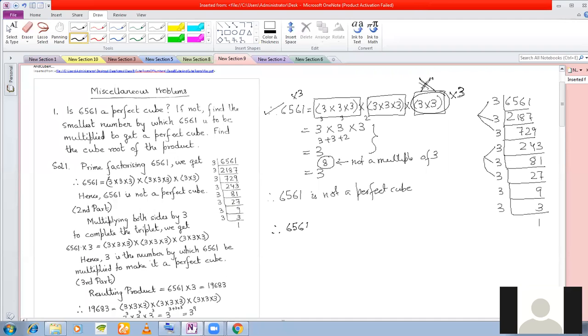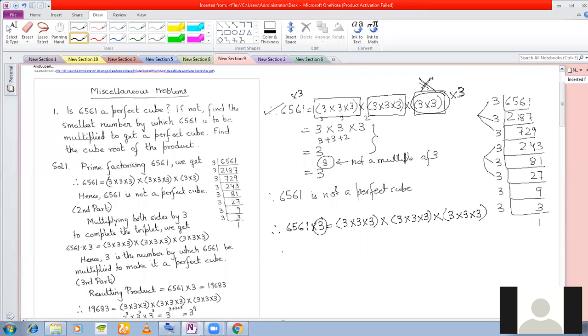Therefore, 6561 into 3 is equal to 3 cubed, the second triplet, and you complete this triplet. We have completed this triplet by multiplying by 3. So now after multiplying by 3, 6561 will become a perfect cube.